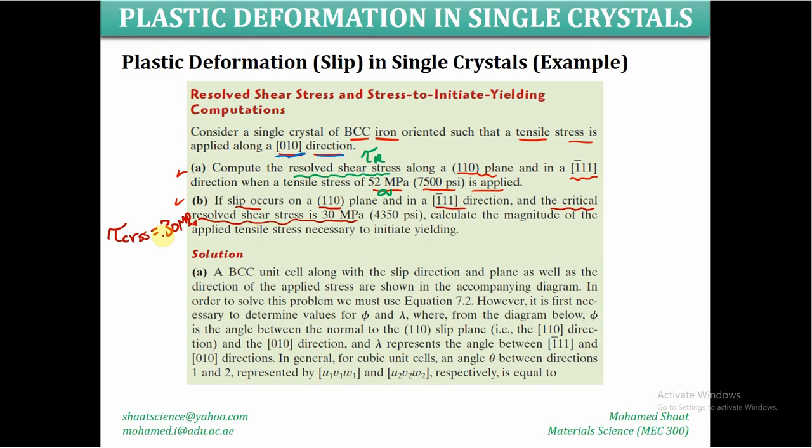This critical value is a material property, known for this iron, and was given as 30 megapascal, and the dislocation is going to follow this slip system that we just calculated its resolved shear stress. What should be the magnitude of the applied tensile stress required to initiate the yielding, which indicates the stress that initiates the yield, this is the yield strength of the material, how much is it?